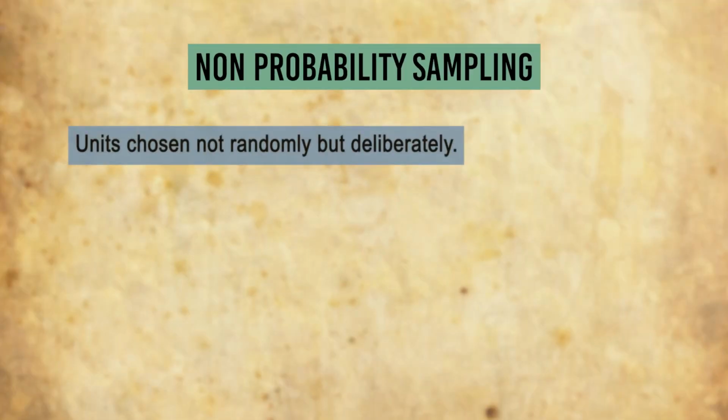On the other hand, when we talk about qualitative research, it is mostly non-probability sampling that we use. In non-probability sampling, the sample units are not chosen randomly, but with the purpose of the researcher. It is formed through the deliberation of the researcher, thus a deliberately formed group.